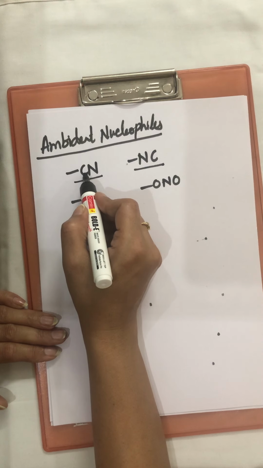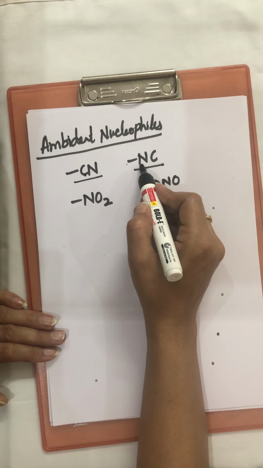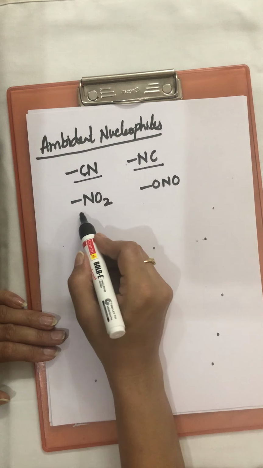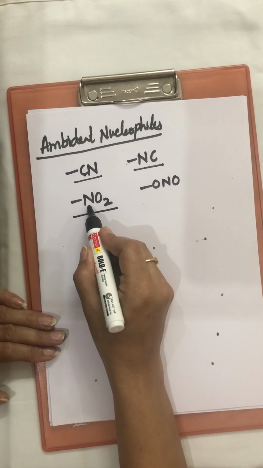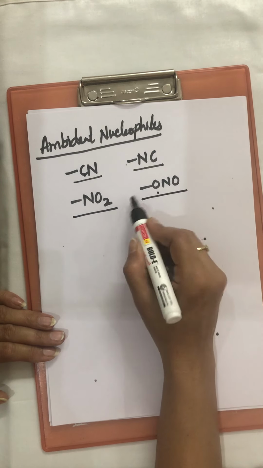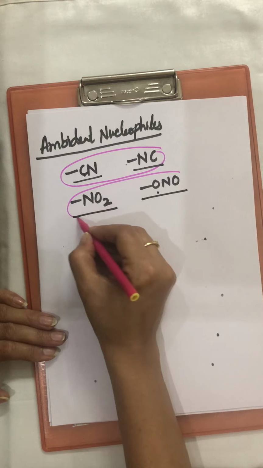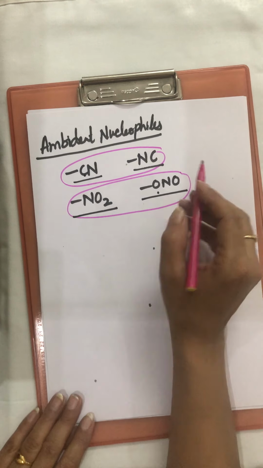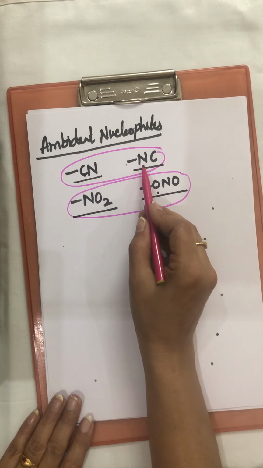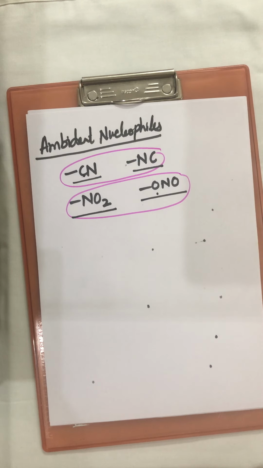Like here attack can be through the C. If attack is through C, the compound formed is cyanide. If attack is through nitrogen, the compound formed is isocyanide. In this case, nitrogen links, so we get the nitro compound. If O will attack, then we'll get the nitrite. This is one example, this is the second example. These nucleophiles which have more than one attacking site are known as ambident nucleophiles.